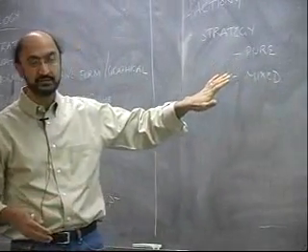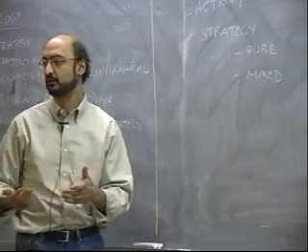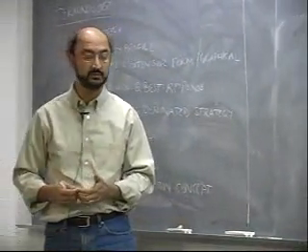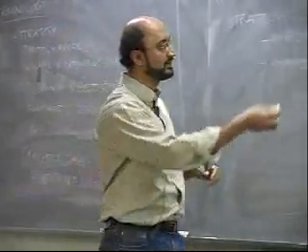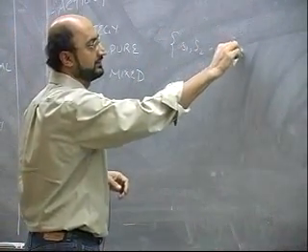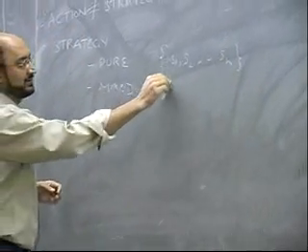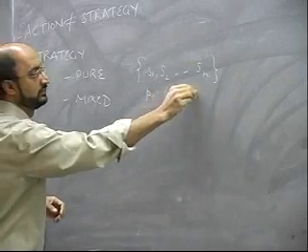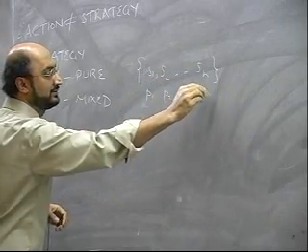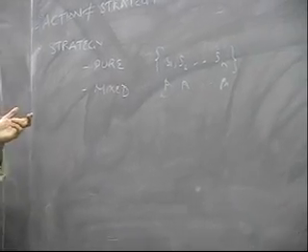And a mixed strategy is a random variable defined over the domain of the pure strategies. So if you have some set of n pure strategies, S1, S2, etc., then the mixed strategy essentially assigns some probabilities P1, P2, Pn to these pure strategies.